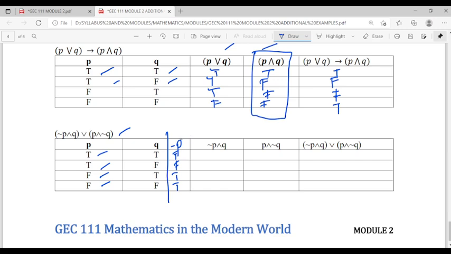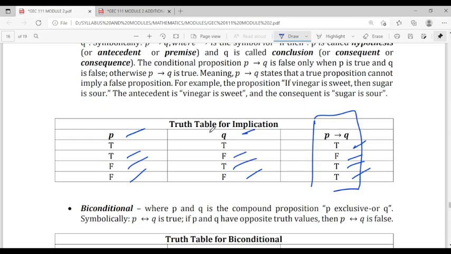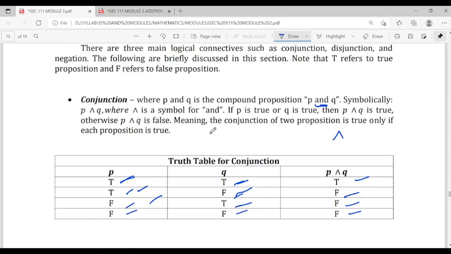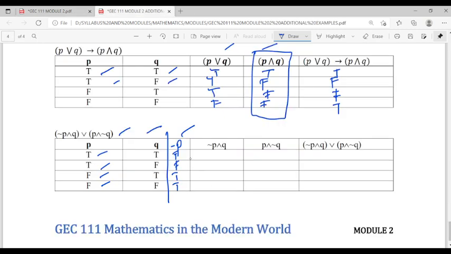And then solve this one and Q. So, ibig sabihin ng ating conjunction, balikan nyo lang ito when you solve kung ano yung binigay ko na problem. So, magtutrue lang siya if they have both true. Otherwise, false na. So, comparing this false, false, and this both true, we come up with true and false.